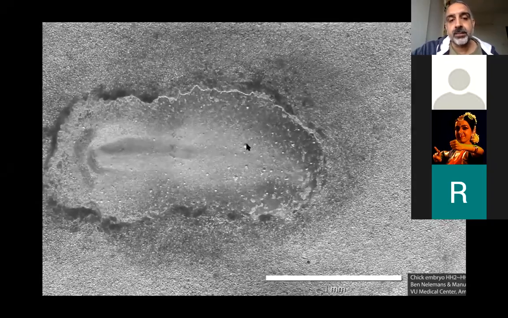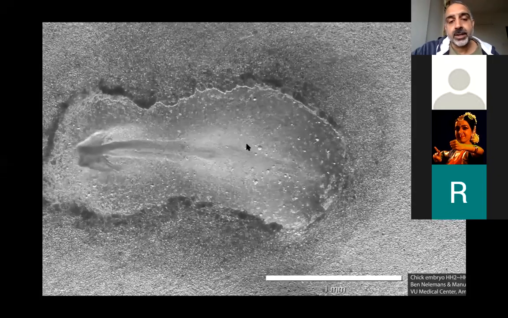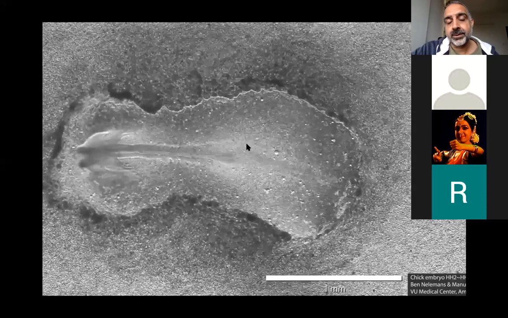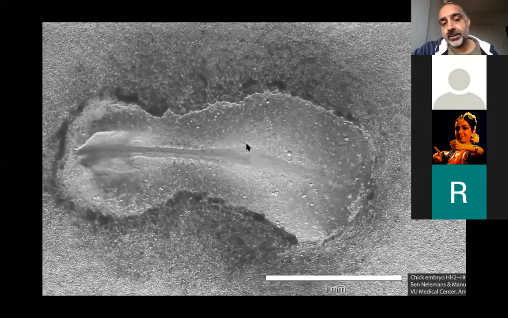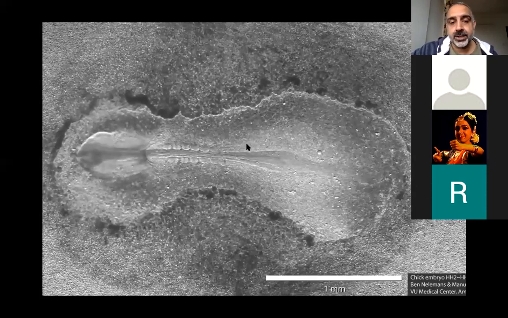And so this is the chick embryo here, and you can see that as it develops, it transforms from a kind of disc of tissue into this fairly beautiful and complex structure.